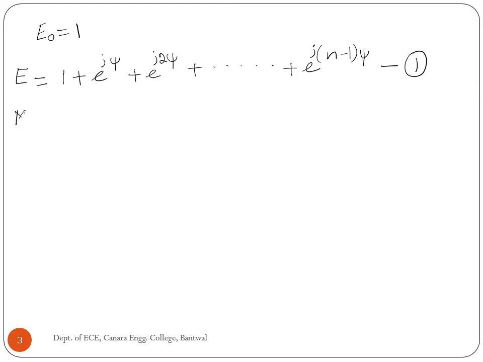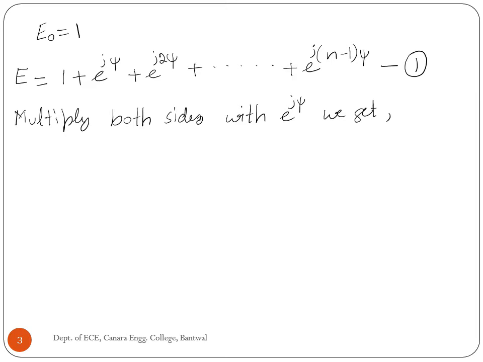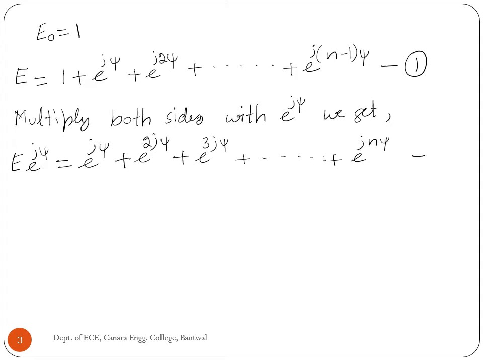Multiply both sides with e to power j xi, we get E into e to power j xi, which is equal to e to power j xi plus e to power 2 j xi plus e to power 3 j xi plus e to power j n xi, equation 2.